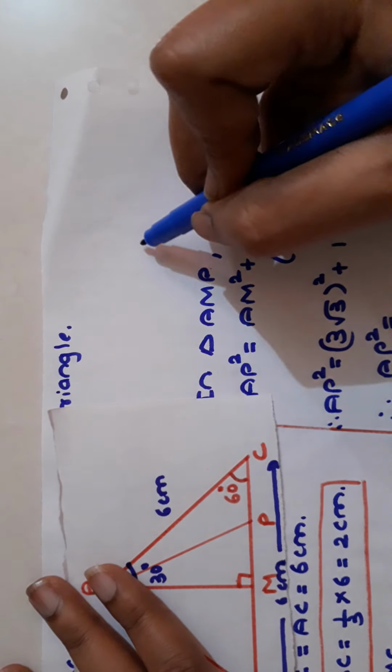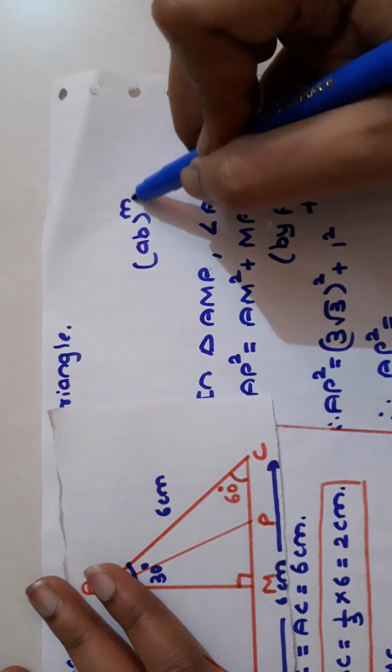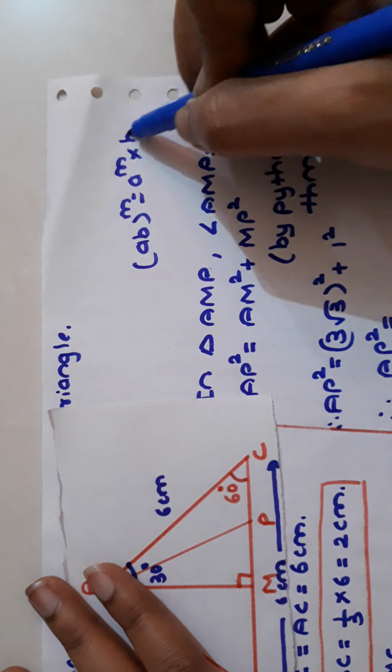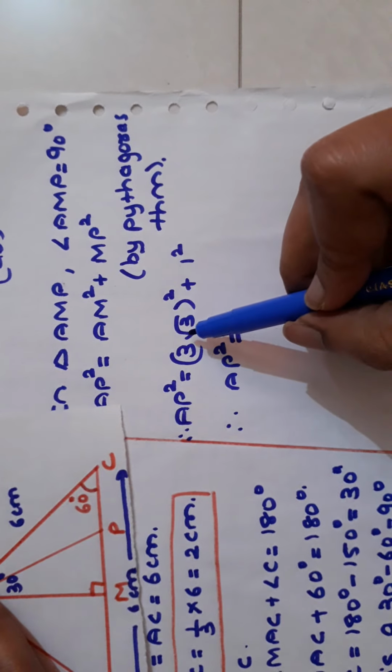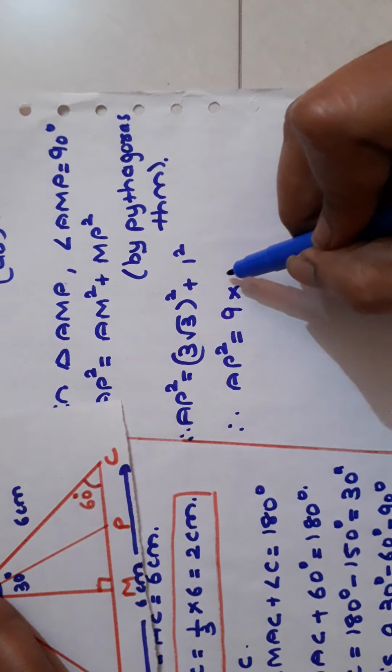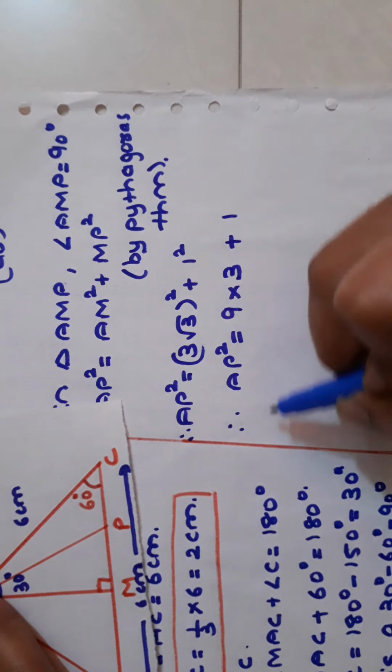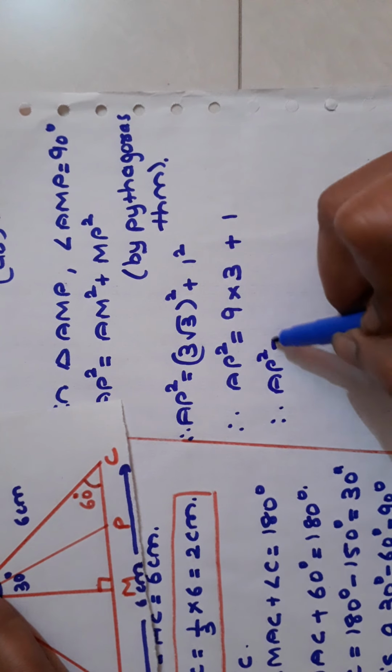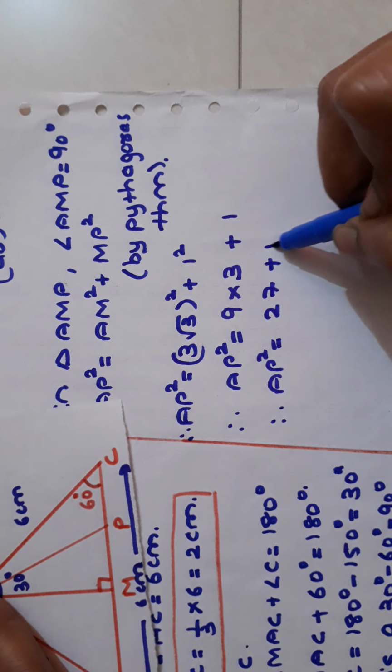Law of indices, AB the whole raised to m is A raised to m into B raised to m. 3 square is 9 into root 3 square is 3 plus 1. 27 plus 1.